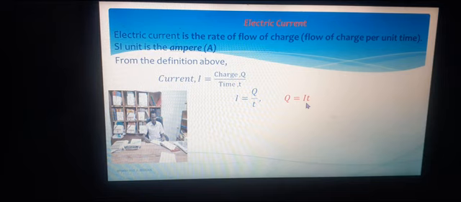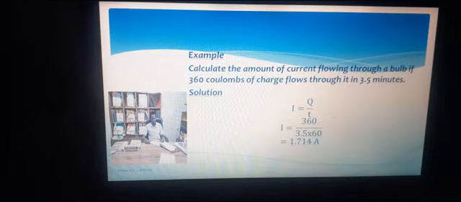Remember time is one of the fundamental quantities. The SI unit of time is second. Therefore, when you go to the calculation, all the quantities must be expressed in their SI units.